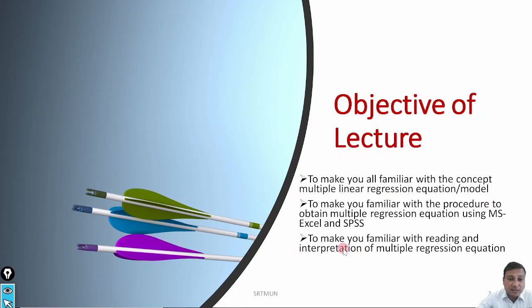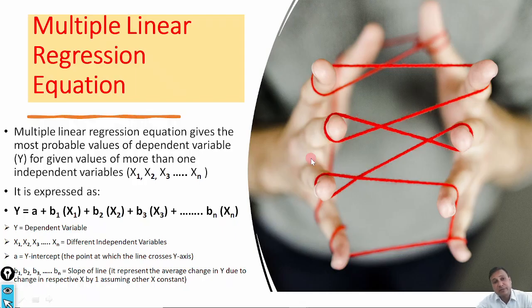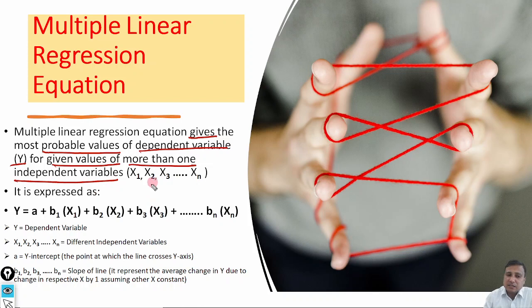So let me start this lecture by explaining the meaning of multiple linear regression equation. Multiple linear regression equation gives us the most probable values of dependent variable y for given values of more than one independent variable, that is x1, x2, x3 and so on and so forth.